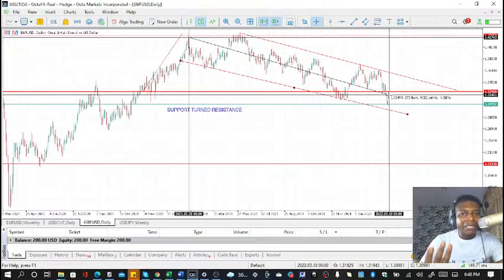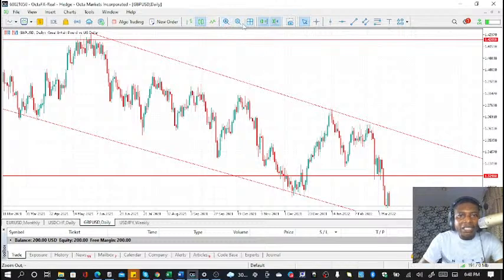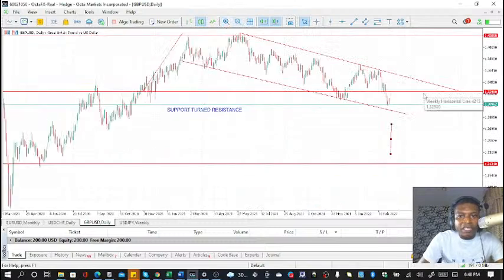Now there are certain things we need to watch out for here. We have a downtrend, and it is obvious that there is more room to the downside. The possibility of us shorting this market further is to expect, from here, we see that the price has broken this region.